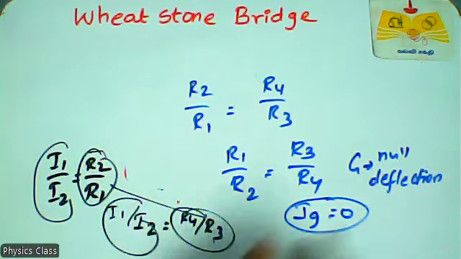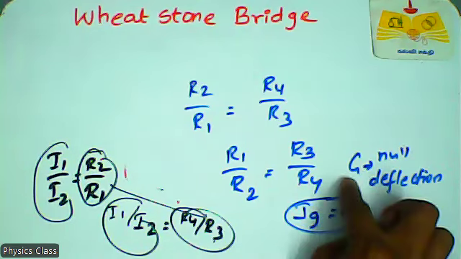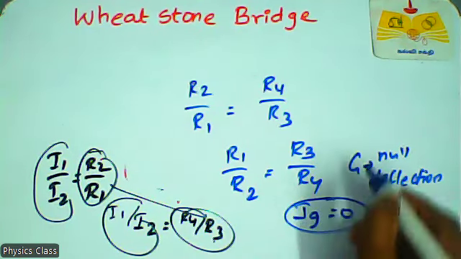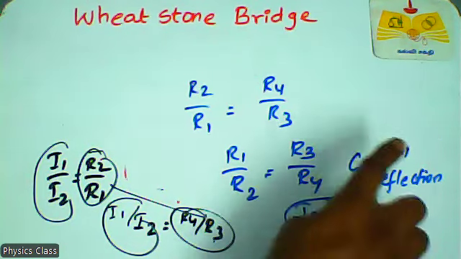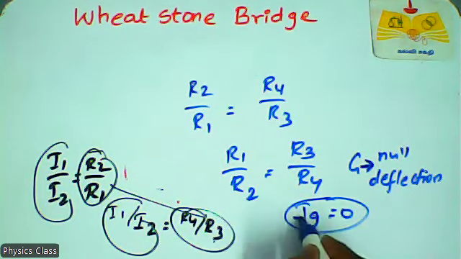Only under this condition is Ig equal to 0 and the galvanometer shows null deflection. So this is the concept of the Wheatstone bridge.